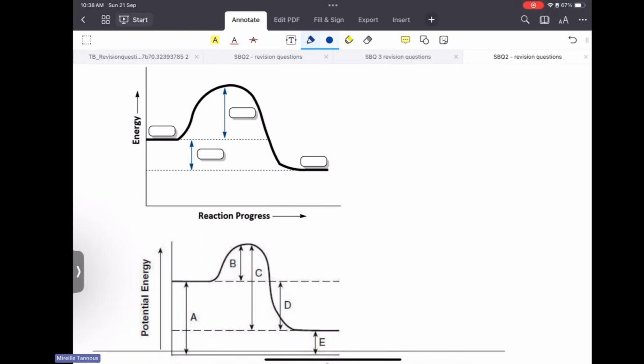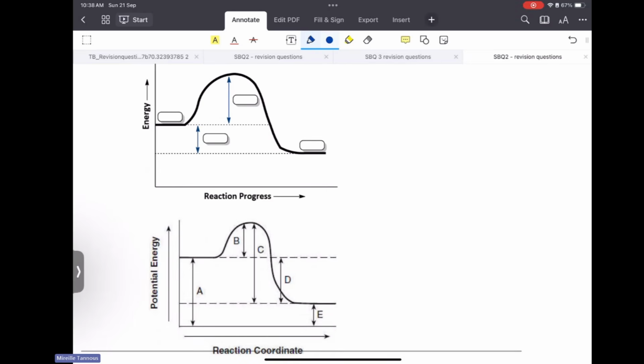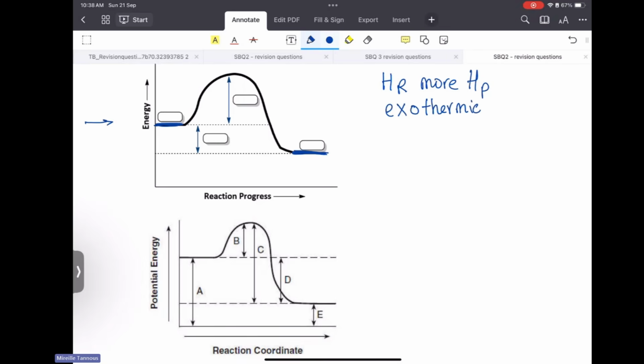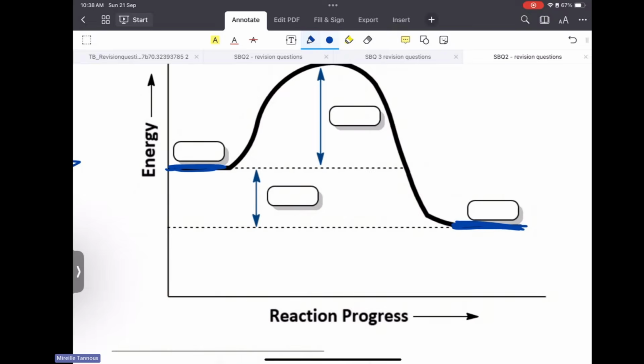So when I look at this one here, I can see that the enthalpy of reactant is higher than the enthalpy of products, which is over here. So the first thing that comes to my mind, it means that this reaction releases heat. It is exothermic. So I label this enthalpy reactant, enthalpy products.